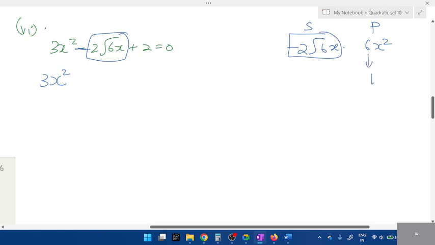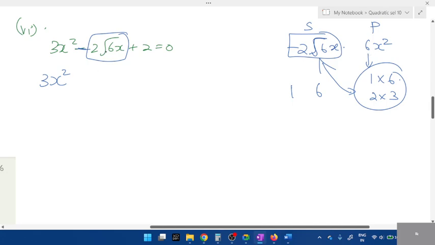For example, 1 into 6, or 2 into 3. Is there any root value to split it? All of you respond. Is there root value? No. Even if you take 1 into 6, you get confused. How to split this? Because there is no root in the product.